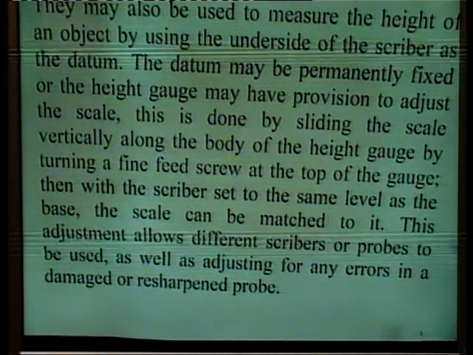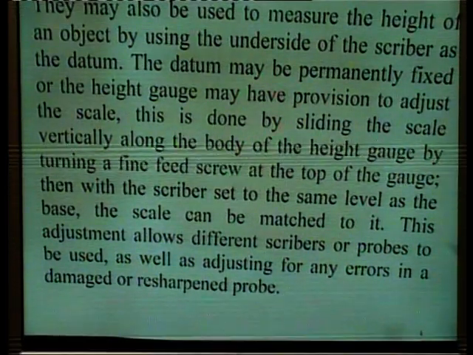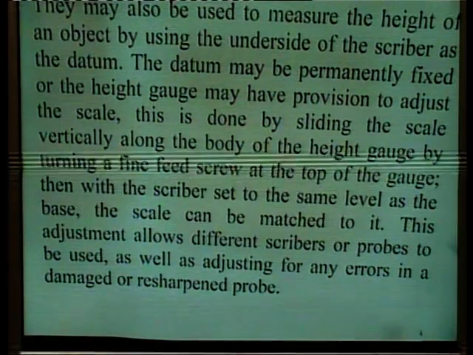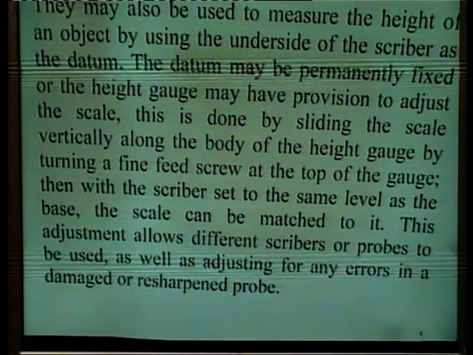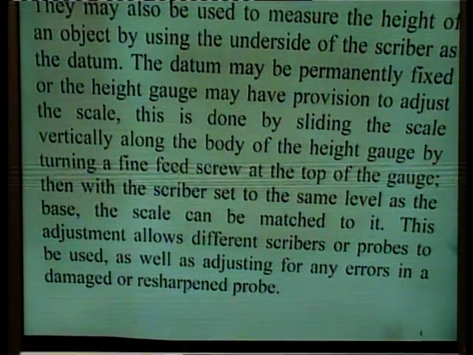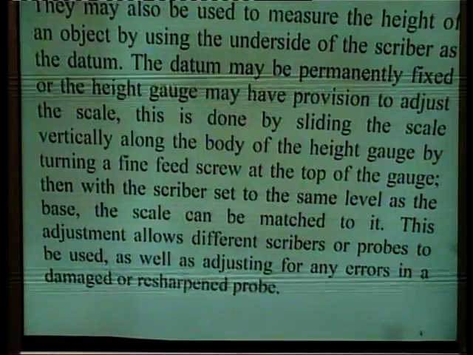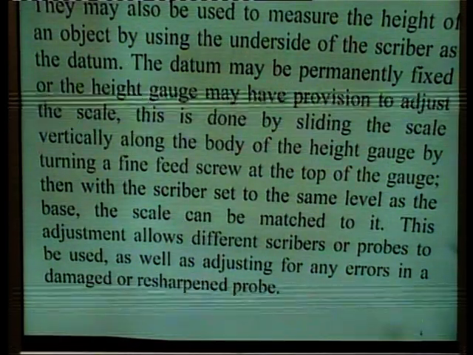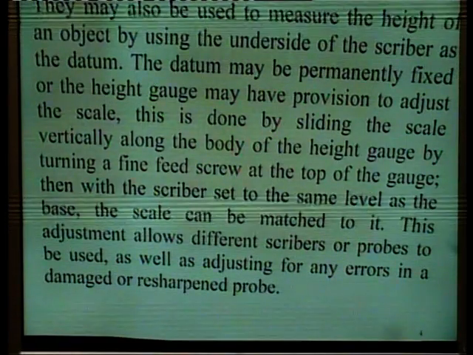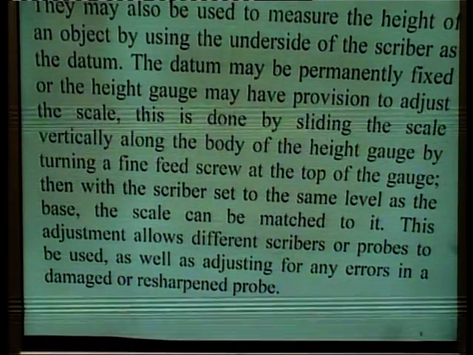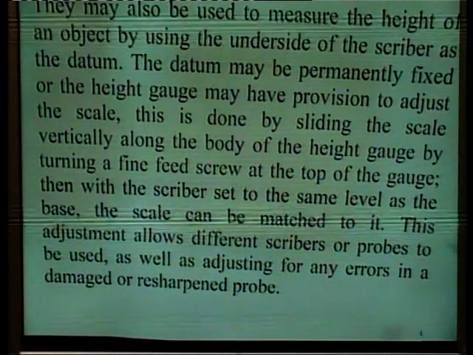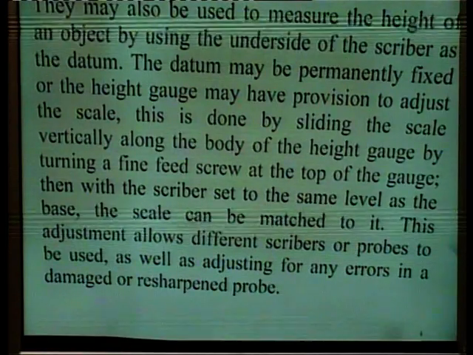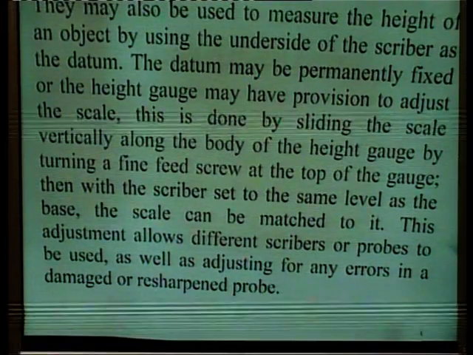They may also be used to measure the height of an object by using the underside of the scriber as the datum. The datum may be permanently fixed or the height gauge may have provision to adjust the scale. This is done by sliding the scale vertically along the body of the height gauge by turning a fine feed screw at the top of the gauge.